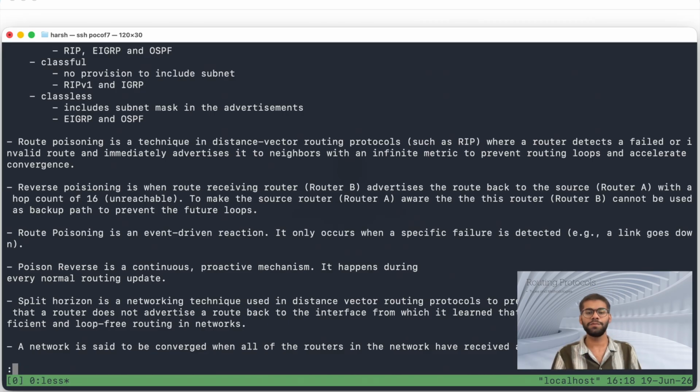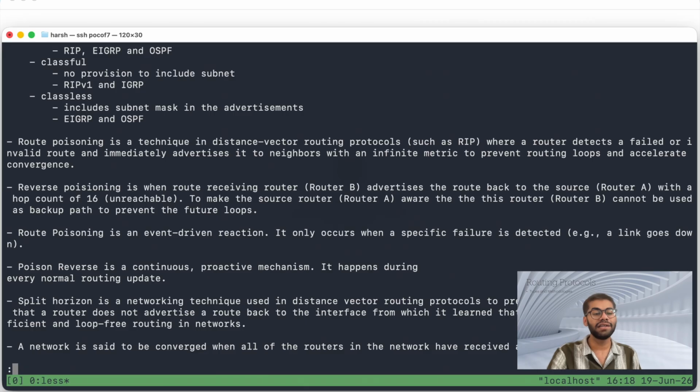So reverse poisoning and split horizon are kind of the same thing, because router B was learning a route from router A using the same interface, and it has to advertise a hop count of 16 that it will not be able to reach the external network. So split horizon works the same way in the background.